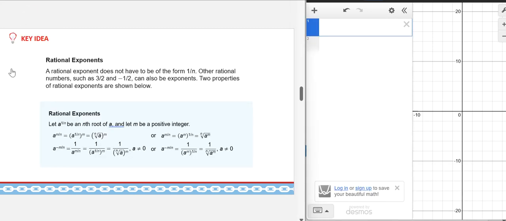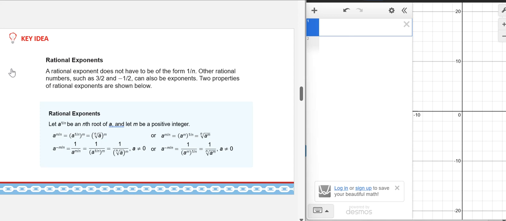So here we have a rational exponent that does not have to be in that form of 1 over n. You can have a numerator other than 1. So looking in the blue box, rational exponents, let a to the 1 over n be the nth root of a. Let m be a positive integer, right?